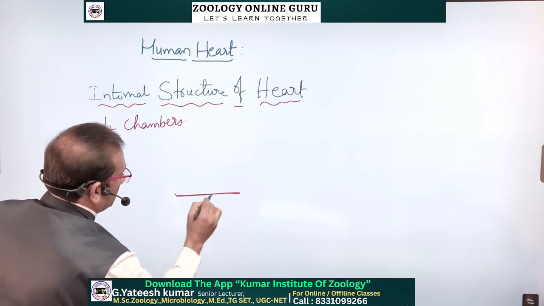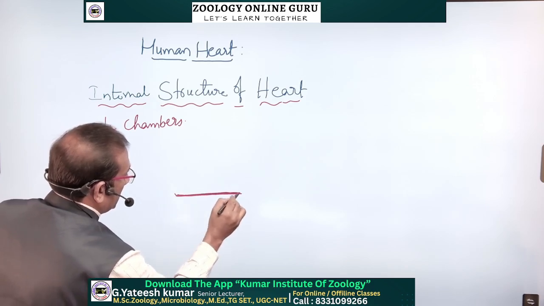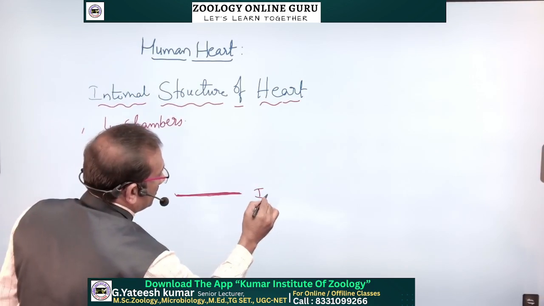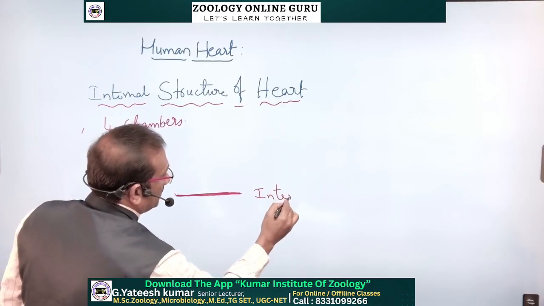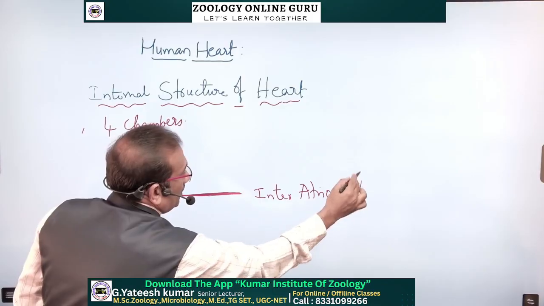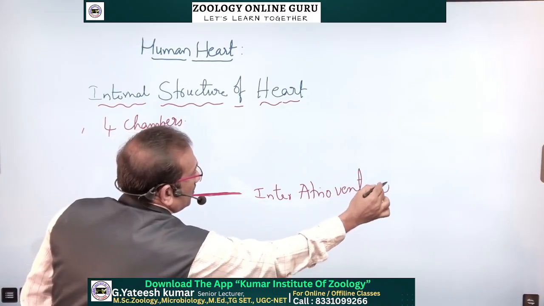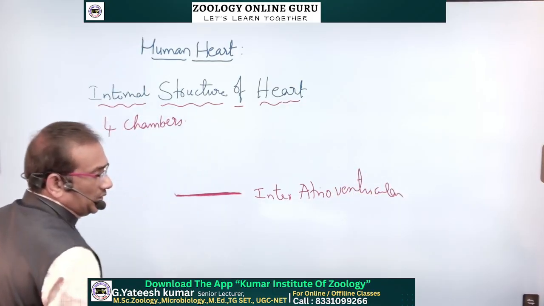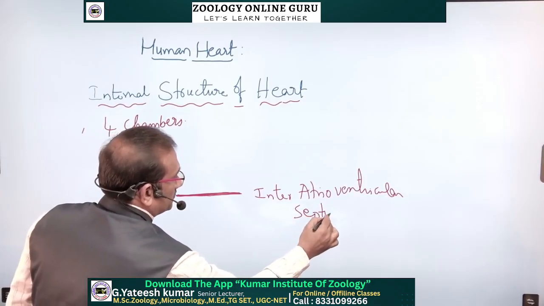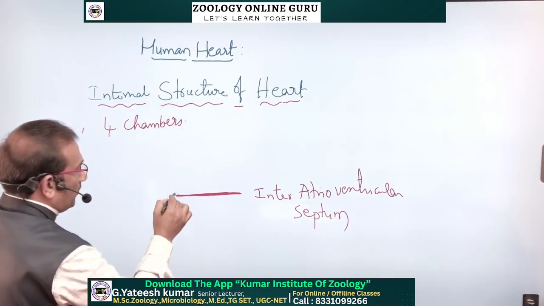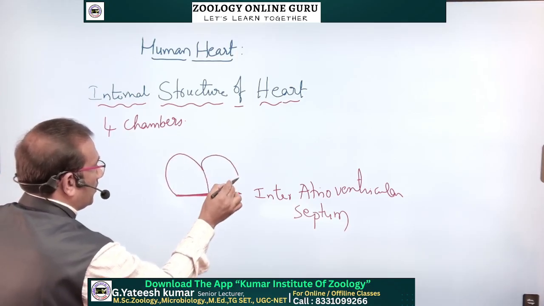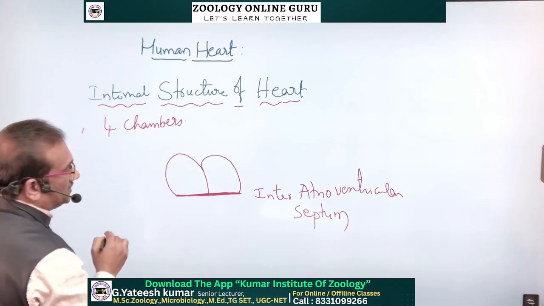In between, there is an interatrioventricular septum, and above here 2 chambers are present.